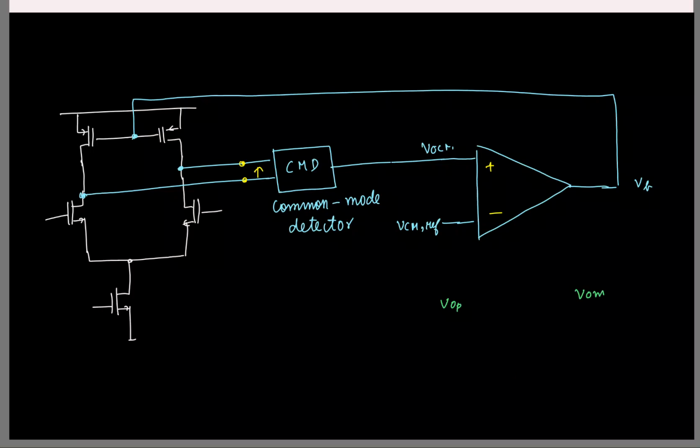I want to find the average, VOP plus VOM by 2. What is the simplest circuit? Summing amplifier is not very simple, right? We have to have an op amp for it. Voltage divider. So how will you do voltage divider here? Equal resistance. Right, that's all. I just put two identical resistors, and the center point will be the average of the two.